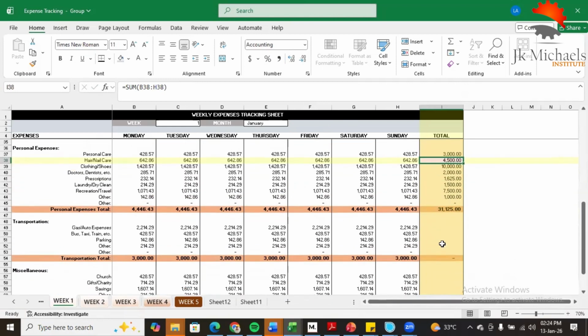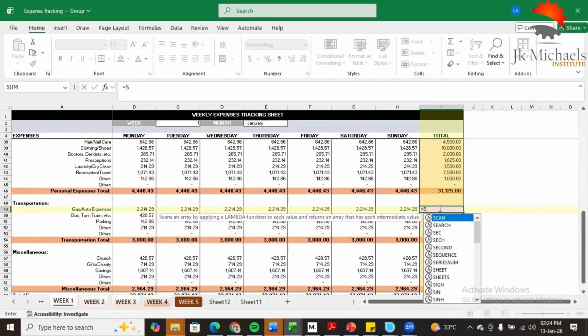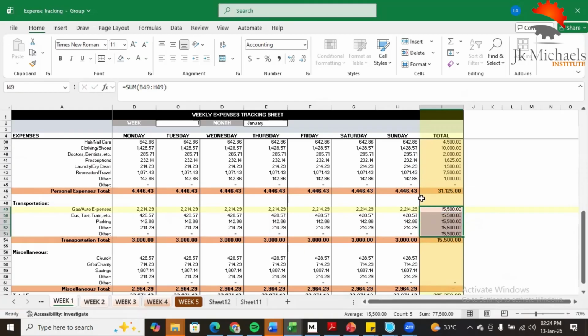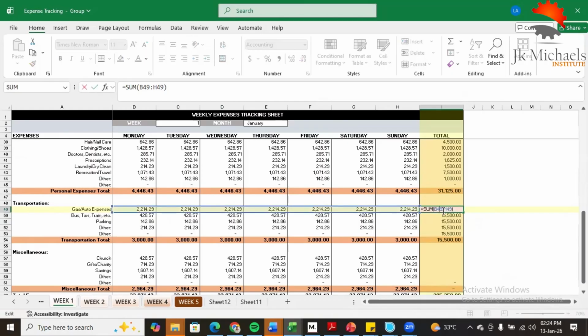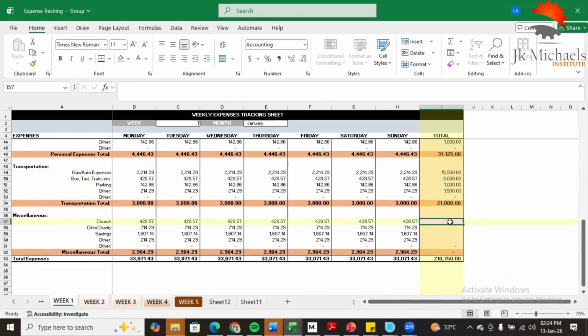And then second to last, we have the sum of transportation. And then finally, we have miscellaneous.